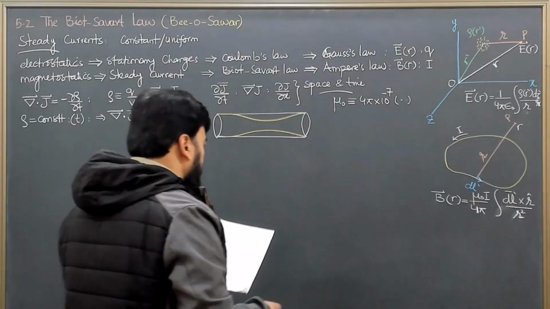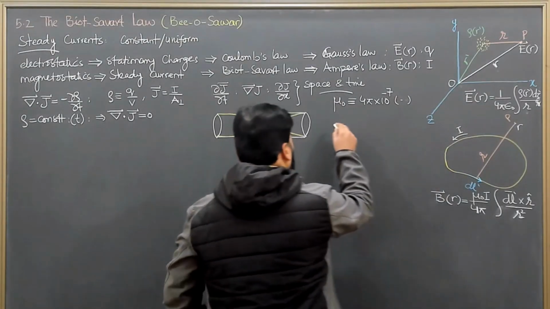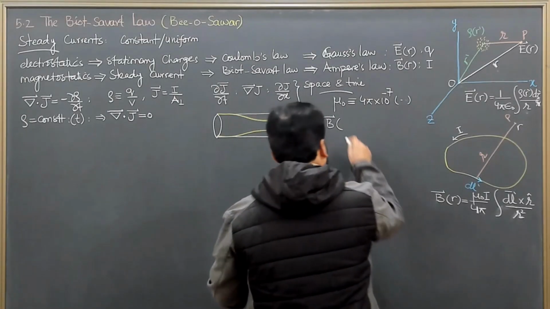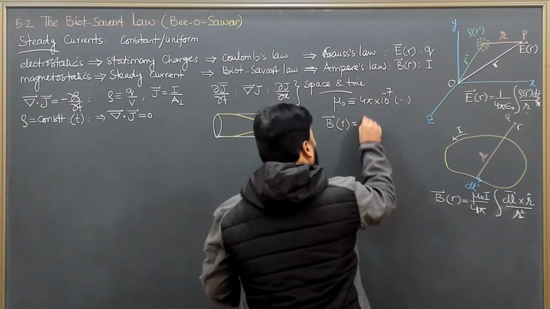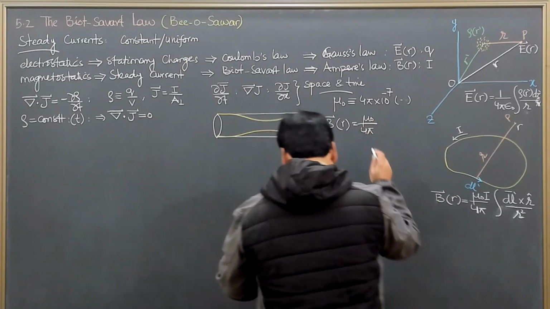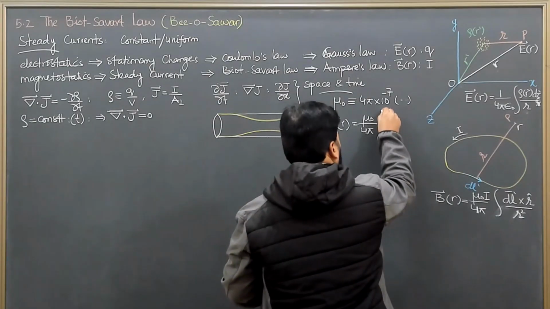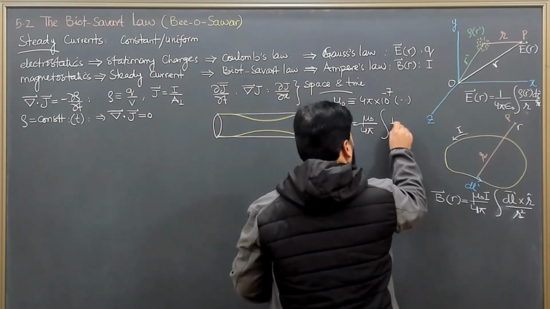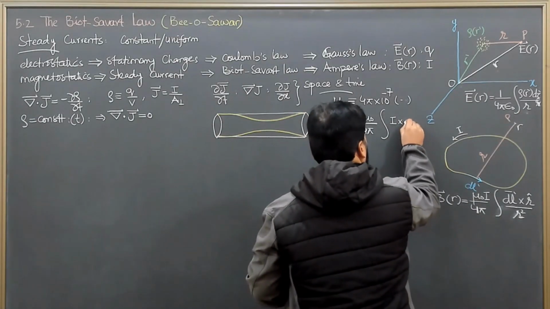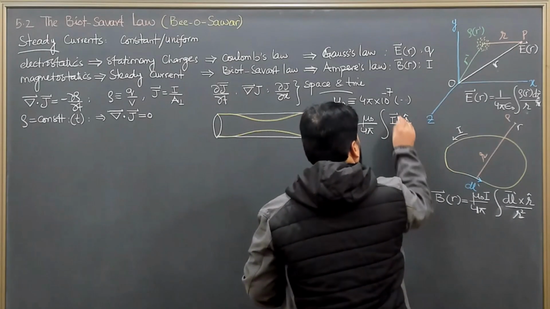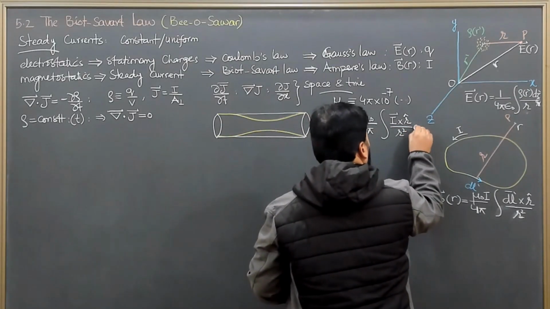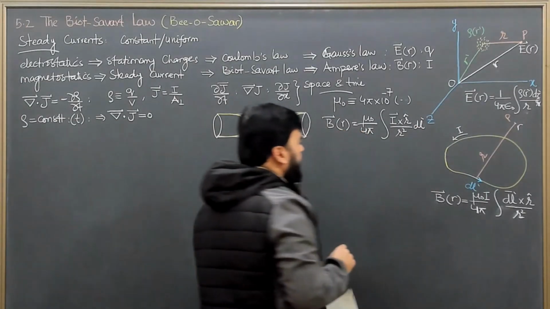So if I write it in this term, B is a function of R, then mu naught over 4 pi integral, and I write I cross R unit vector, then I will be a vector, and this one is R square, and here I will write dl.